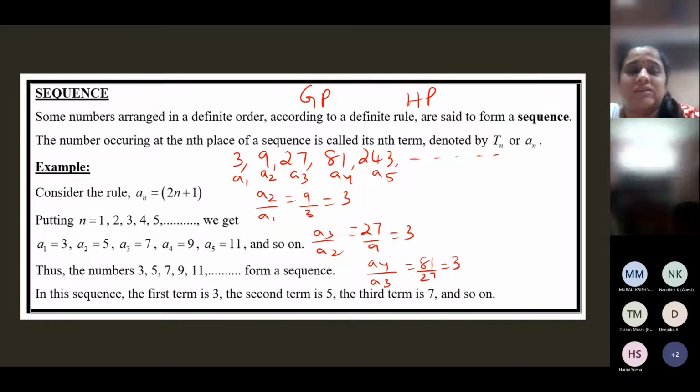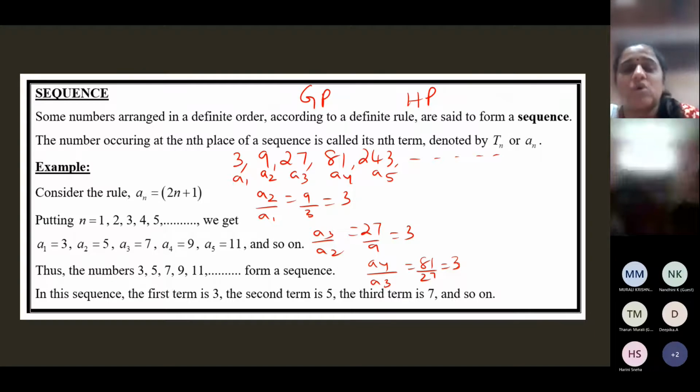Like we say, in a sequence where the difference is a constant, the sequence is in arithmetic progression, and the difference is called the common difference. If A2 minus A1 is the same as A3 minus A2, is the same as A4 minus A3, is the same as A5 minus A4, and so on, the difference is a constant, then the sequence is said to be in arithmetic progression.